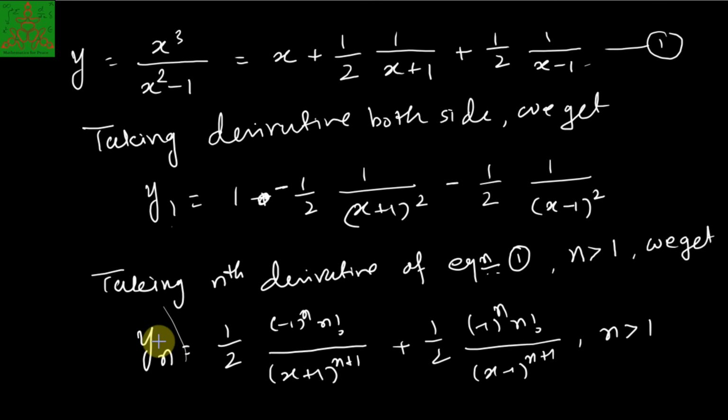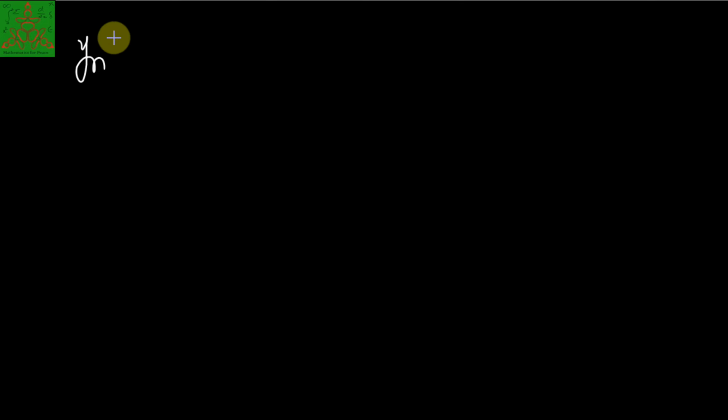So what will happen if I substitute the value x equal to 0 here? We get yn at 0, which will be 1 by 2 common out.